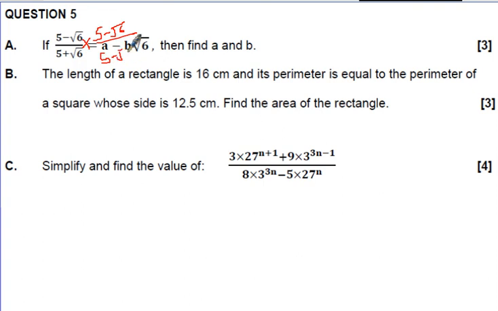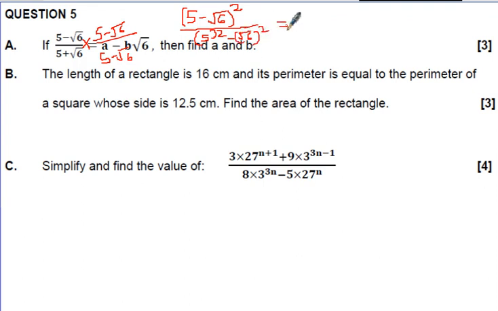5 minus root 6. So you will be getting 5 minus root 6 the whole square up. Please, you can pause the video and try by yourself, and here you will get 5 square minus root 6 square.